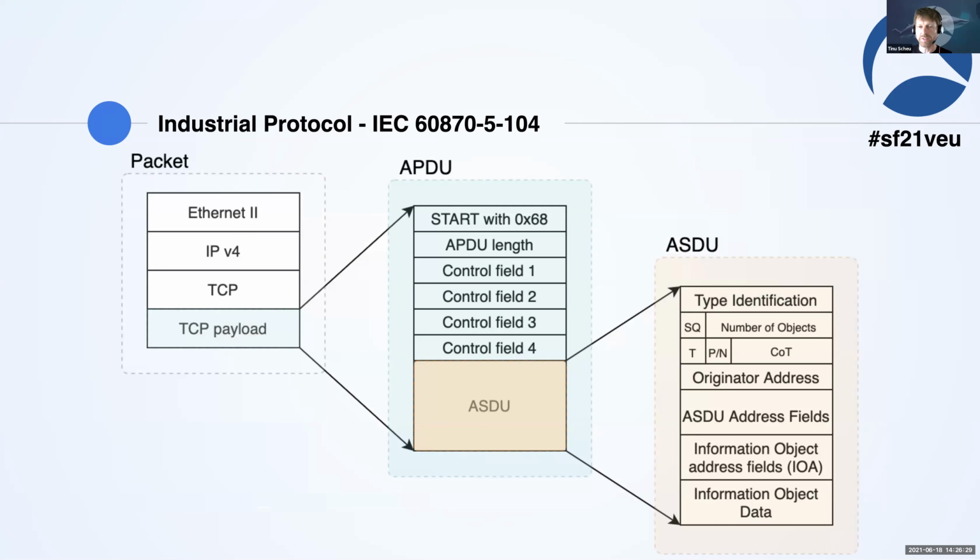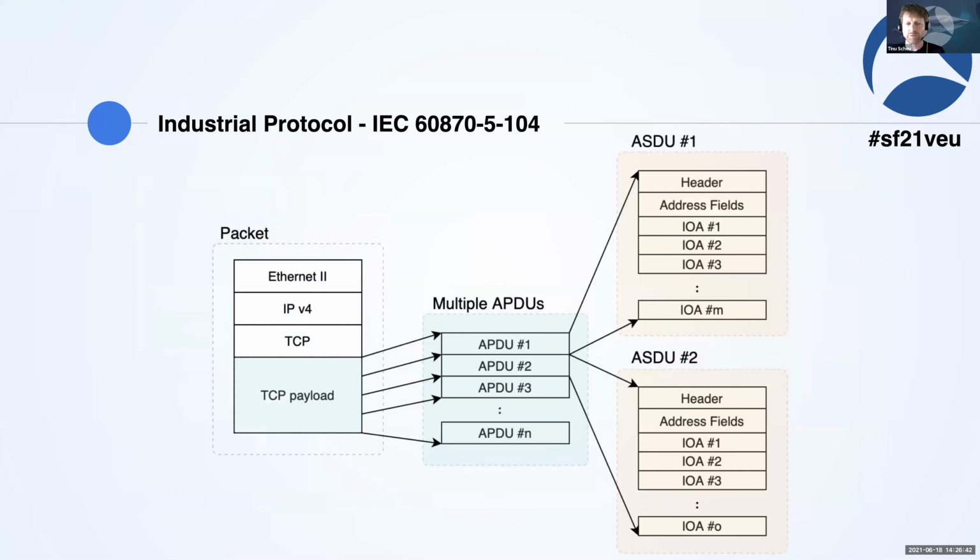Inside, at the end, is the measurement data, for example, the current frequency of the voltage itself, power used, and so on. That looks very straightforward. Promise, if you go one level deeper, you can have multiple APDUs in one TCP payload, and in one APDU you can have multiple ASDUs. This means if you start to dissect or look at this data, you need to loop through the data. You cannot really work with signatures, as almost every packet looks different from the other one.